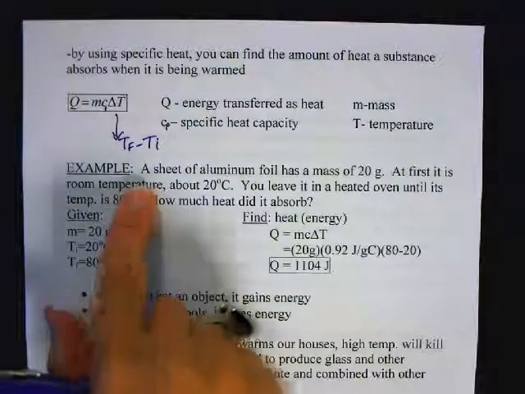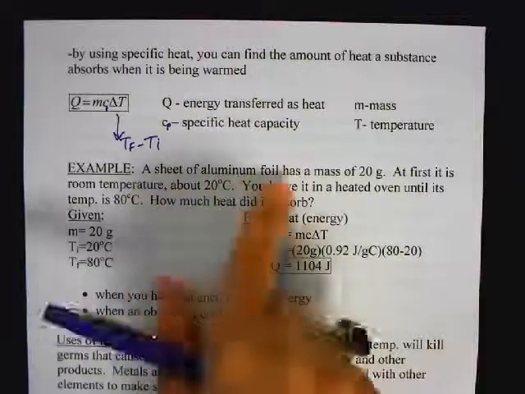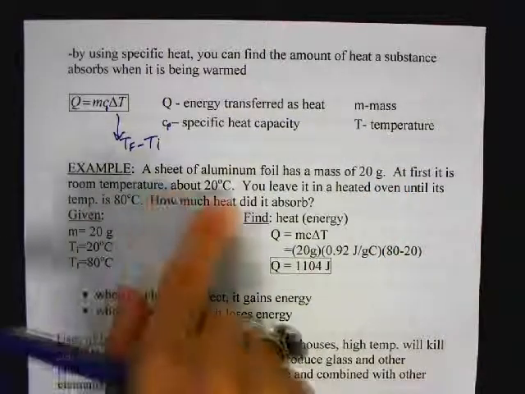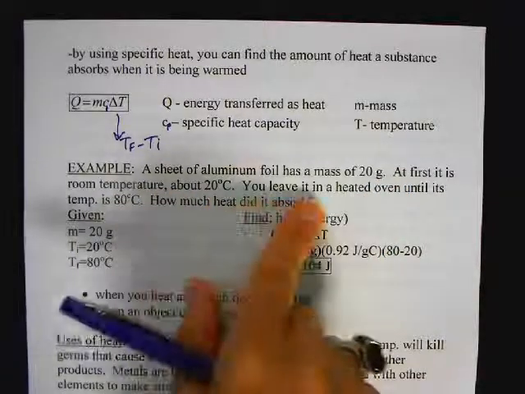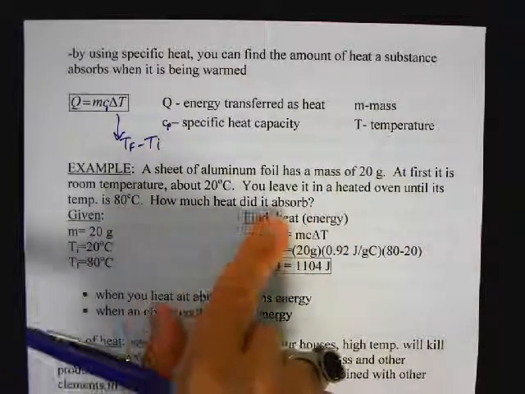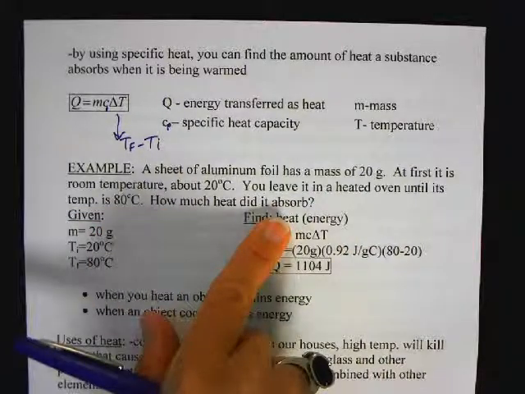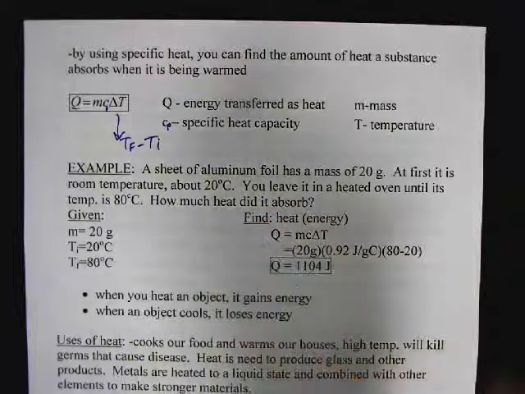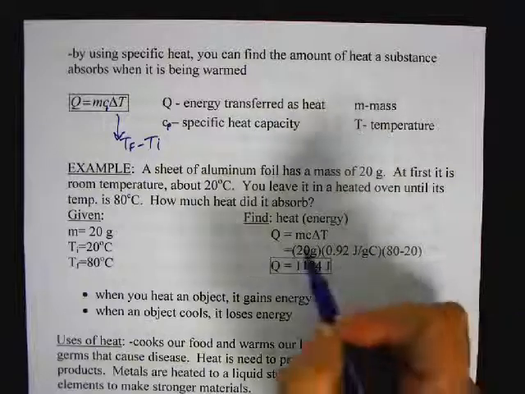So here's an example. A sheet of aluminum foil has a mass of 20 grams. At first, it's room temperature, which is about 20 degrees Celsius. You leave it in a heated oven until the temperature is 80 degrees. How much heat did it absorb? So Q is equal to mc delta T. 20 grams.